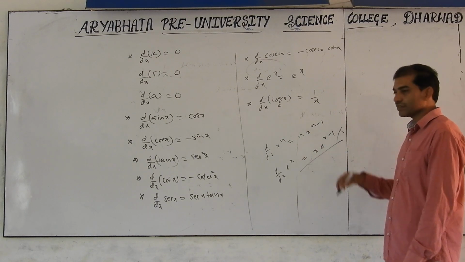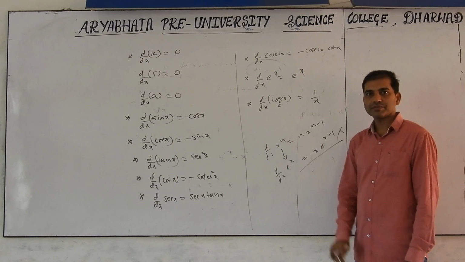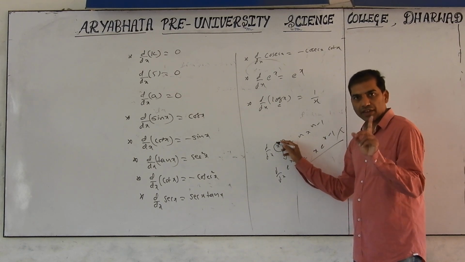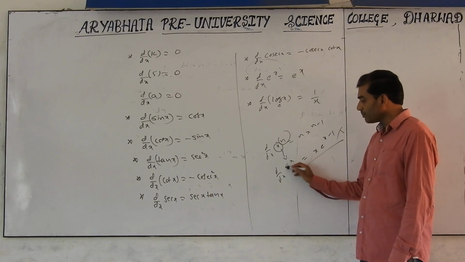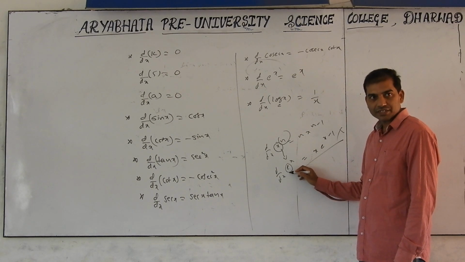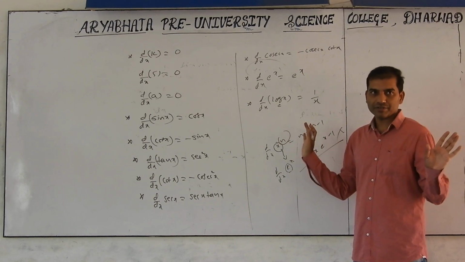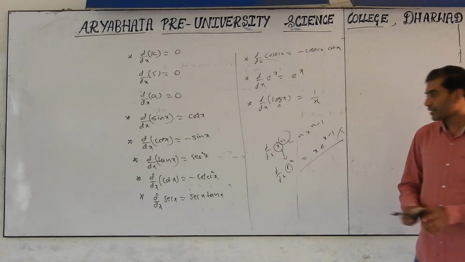This is wrong. Why? Because this formula is not applicable here. This is applicable only when the base is variable and the power is constant. But here the base is constant and the power is variable. So this is an entirely different formula. Don't compare with that. Understood?